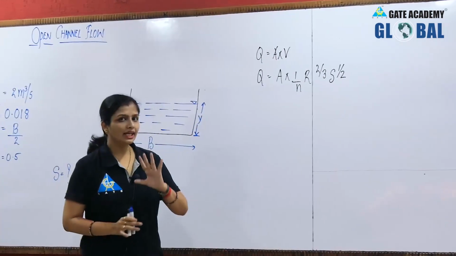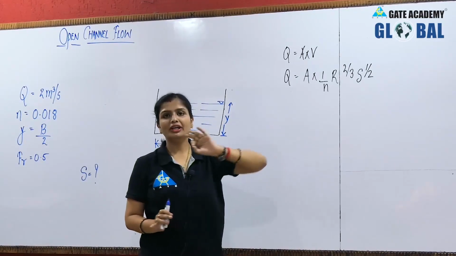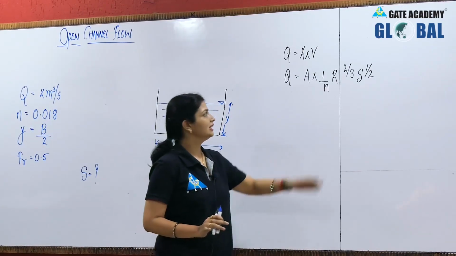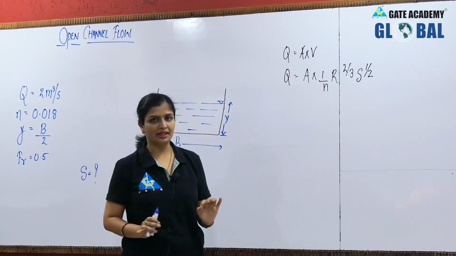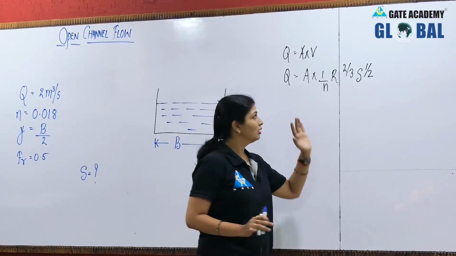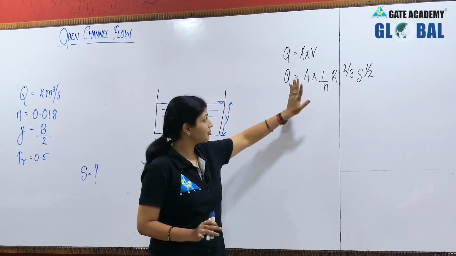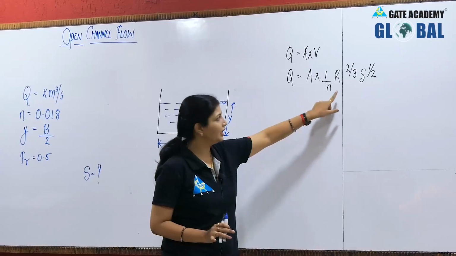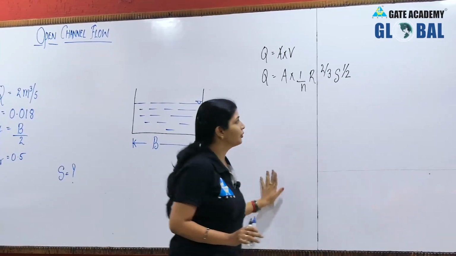Now, in this question, except Q and n, not even a single value, neither hydraulic radius nor area, is given to you directly. So first you have to calculate the value of A and R, then you can calculate the slope. So how could you do that?